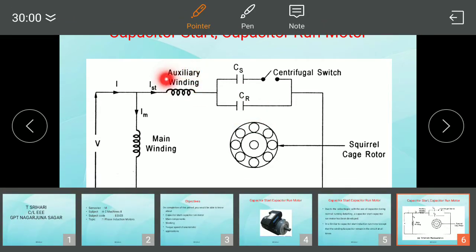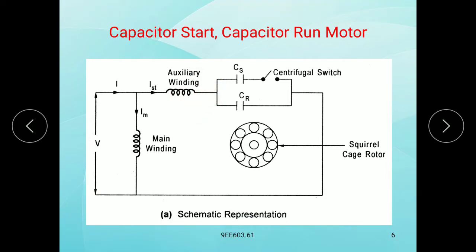This is the auxiliary winding or starting winding. This is the main winding. The auxiliary and main windings are displaced by 90 degrees.